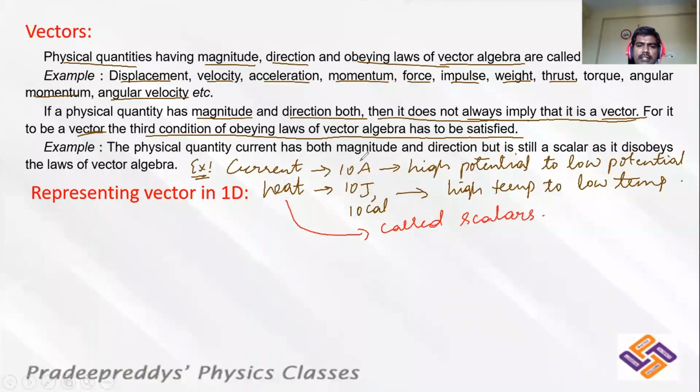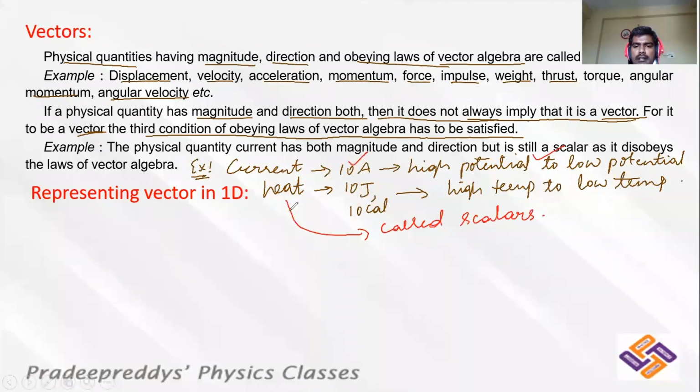Now see, first condition, it has magnitude, that is fair. Second condition, it is directional, high potential to low potential, high temperature to low temperature. It is satisfying these two conditions. But what is the third condition to be a vector? It should obey vector laws.